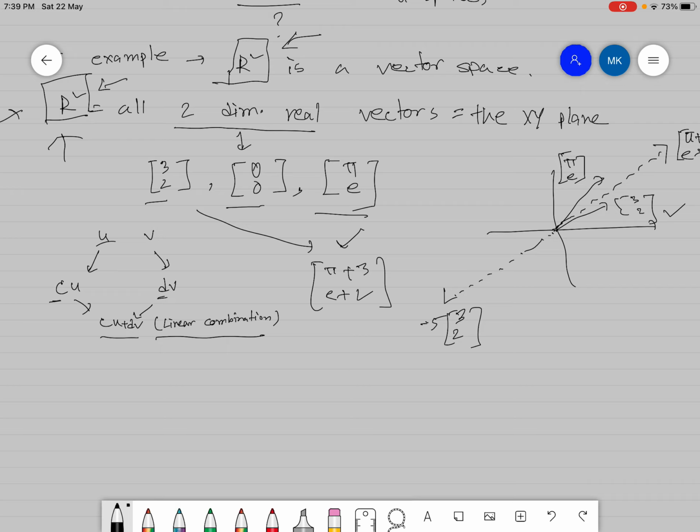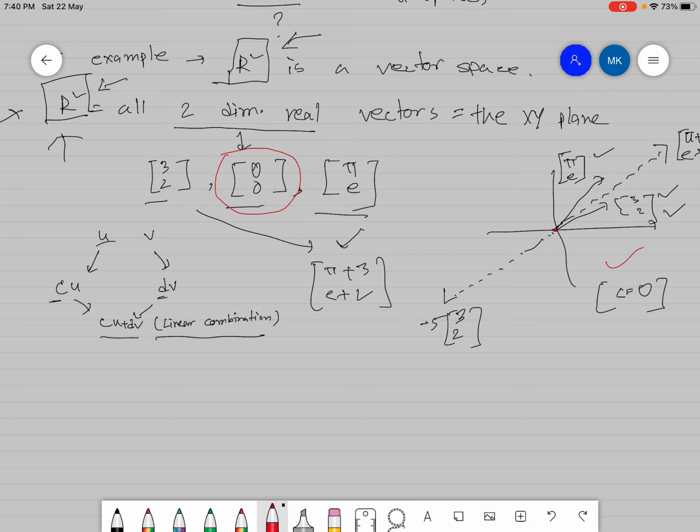Now think about a scenario where we take out 0. Let's say we remove this (0, 0) point from the vector space. Can we call it a vector space? The answer is no, because let's say you have taken any vector, this vector or this vector. Now if we multiply a vector with the scalar c equals 0, the result should come at this point.